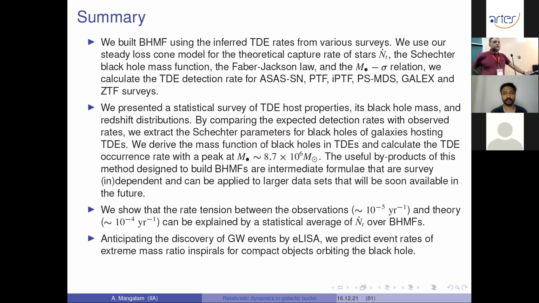Okay, now see, what happens is, even if you're not in a plunge trajectory, or you're not in a situation where you will be captured, there is a loss cone.